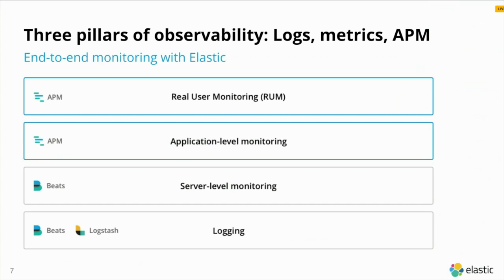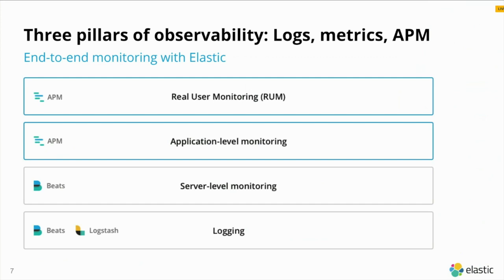We do server-level monitoring with other Beats. But now we are also providing these top brackets here with APM. That means you'll be able to trace performance all the way from the real user monitoring agent sitting in the end user browser, down to the logs and metrics of your hosts and containers.